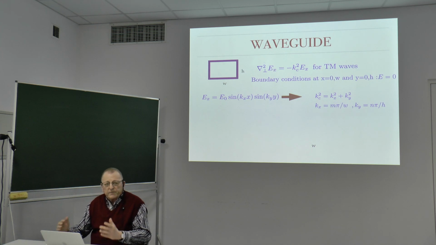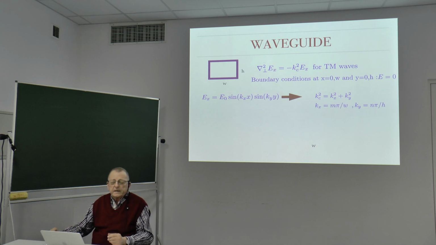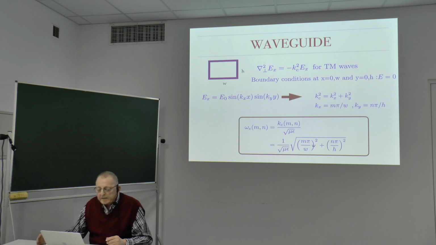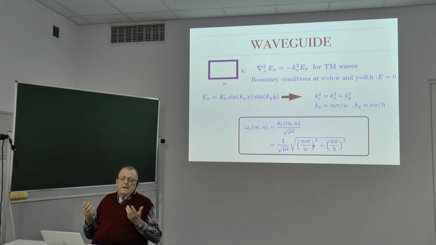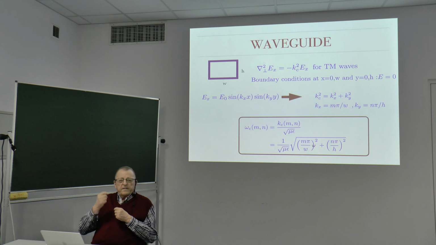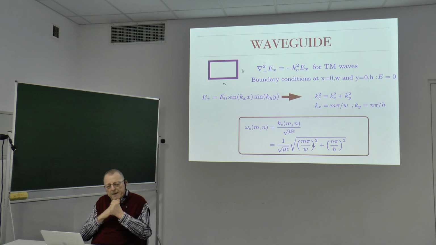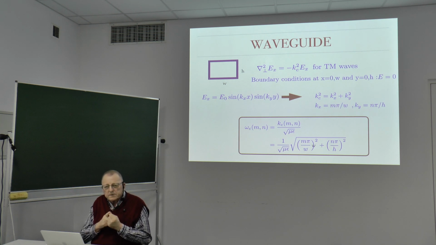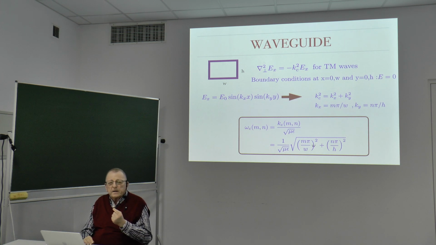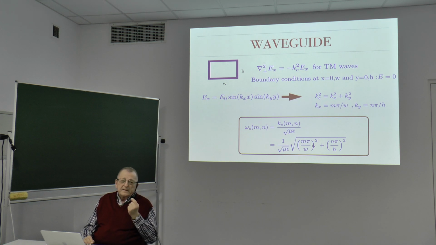So we have solved for the magnetic field, and since we now have the wave vector, we can associate with it the frequency. Since k has two labels, m and n, two natural numbers, I can call them quantum numbers.